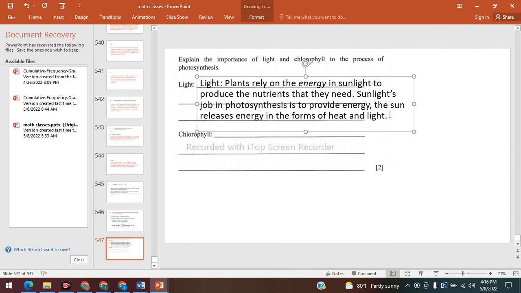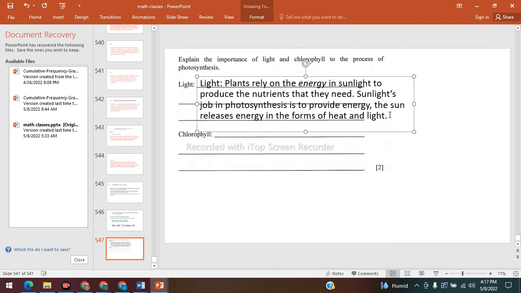Without energy, how can the process happen? How could you do something without energy? And they get it from the light.